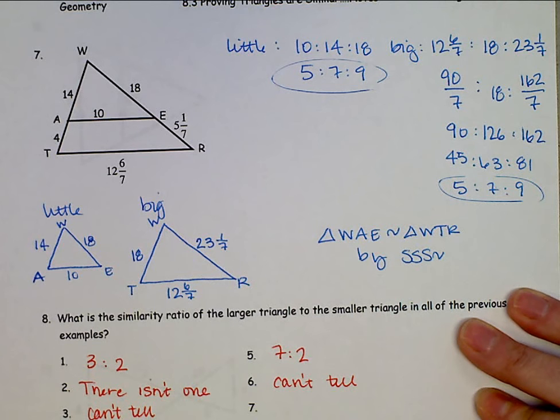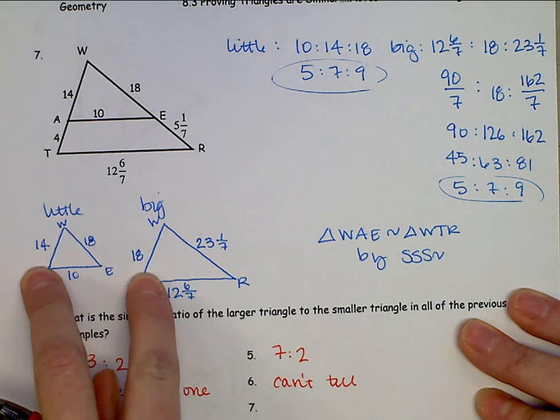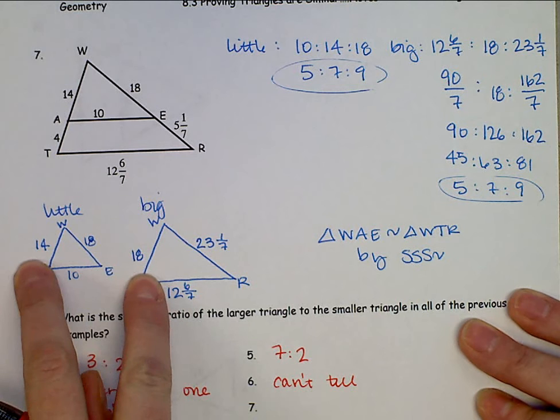Okay, so we need to come up with, let's do one of the legs. So why don't we do an easy one? We knew these two. Those two were our nice numbers for the two sides, correct? We have an 18 and a 14. Big triangle, we want the larger triangle to the smaller triangle.